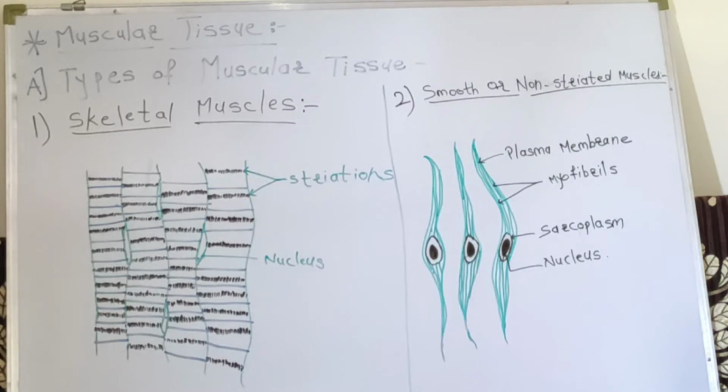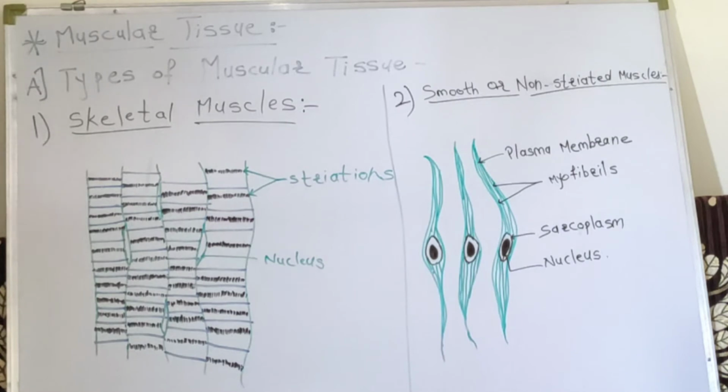The basic thing I will tell you, in the skeletal muscle there is sarcoplasm and sarcolemma. Sarcolemma is the cell membrane, that means the membrane of these muscles is called sarcolemma, and inside it there is a fluid-like structure called sarcoplasm.